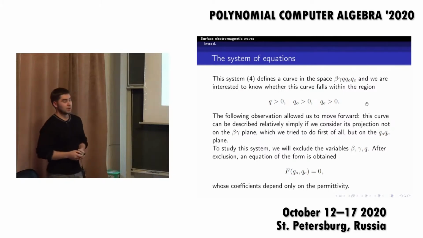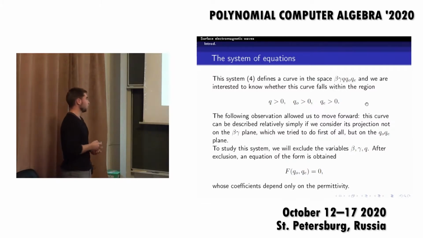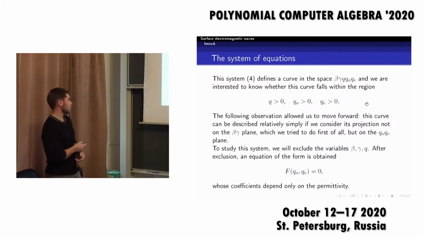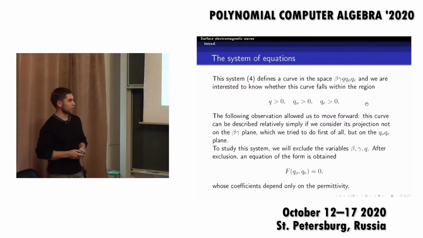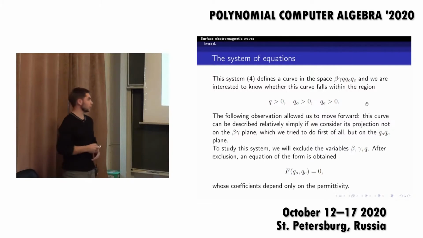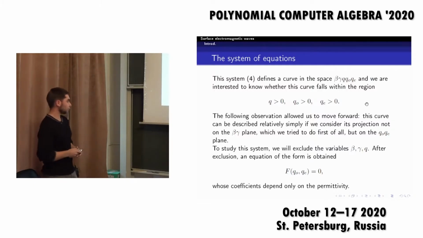This curve can be described relatively simply if we consider its projection, not onto the plane of beta and gamma, which we tried first, but onto the plane Q and Q0, which is the interesting case. To study this system, we will exclude the variables beta, gamma, and Q. After excluding these variables, we can obtain these equations.